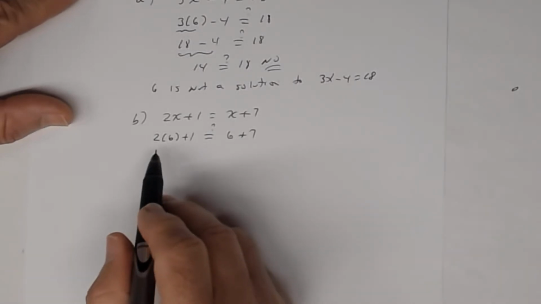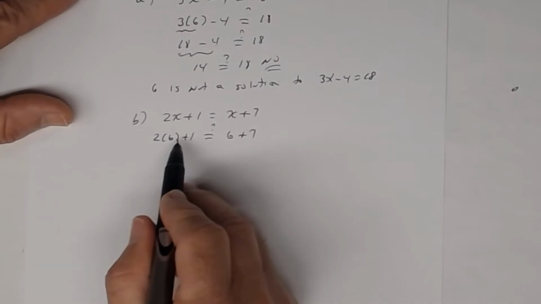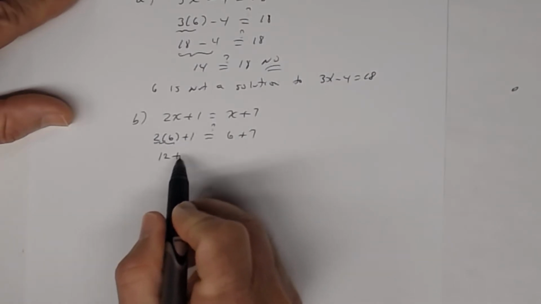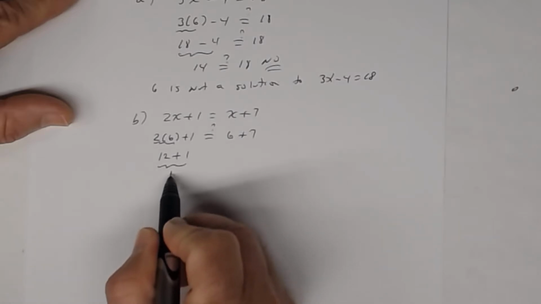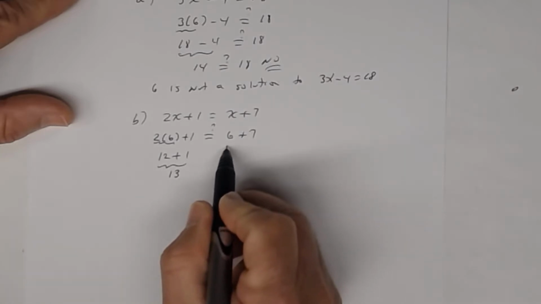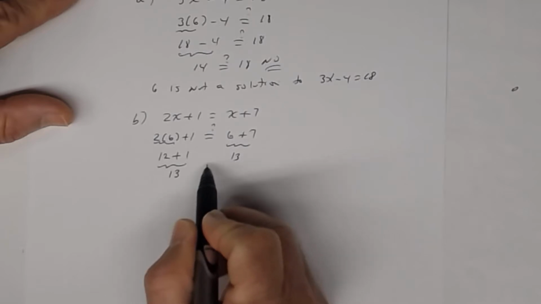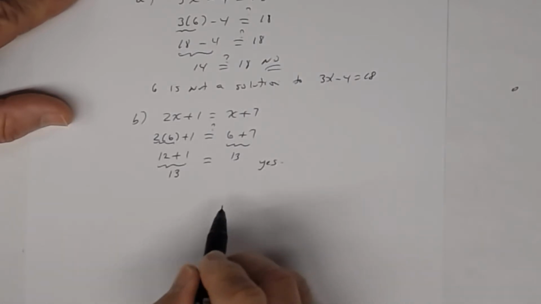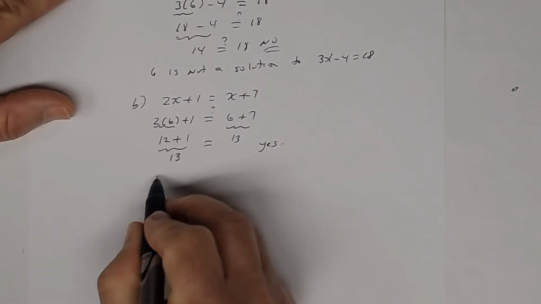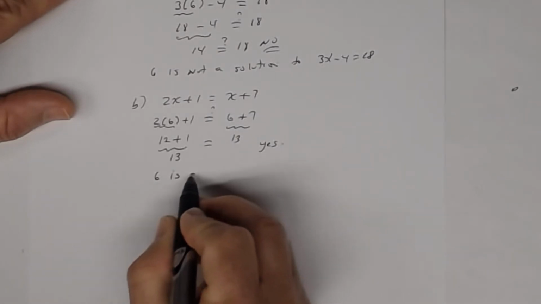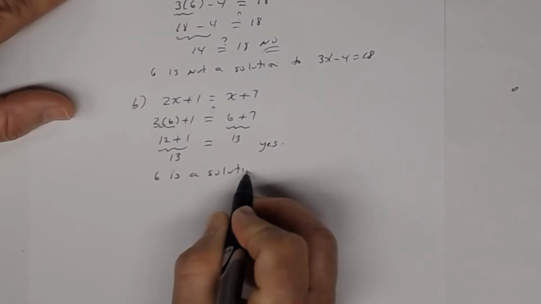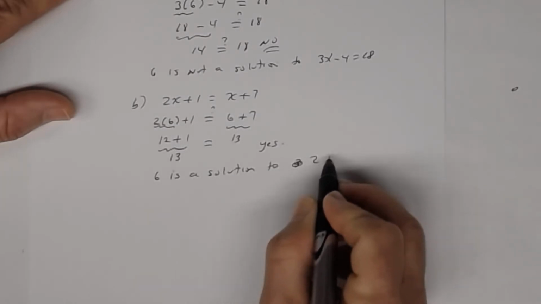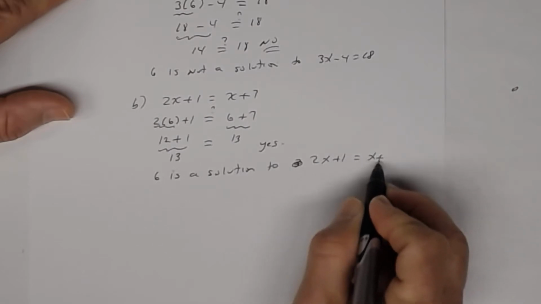Again, order of operations: I have to do multiplication before addition. 2 times 6 is 12, and 12 plus 1 is 13. Over here, I have 6 plus 7, which is 13, and the question is, are those equal? The answer is yes. That's a true statement, so 6 is a solution to the equation 2x plus 1 equals x plus 7.